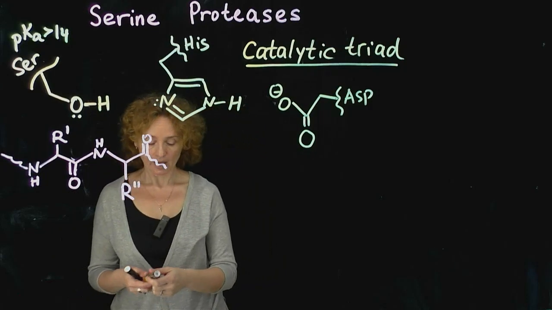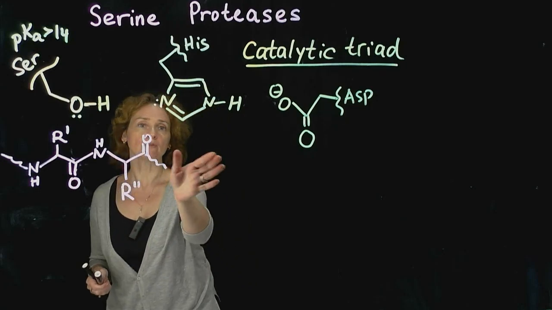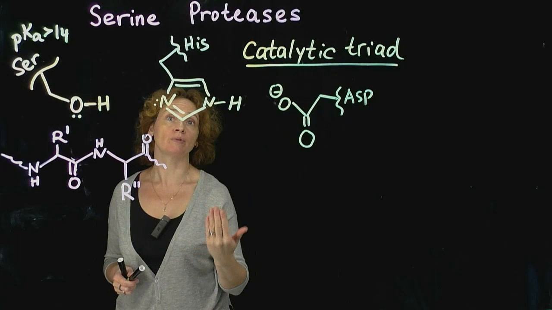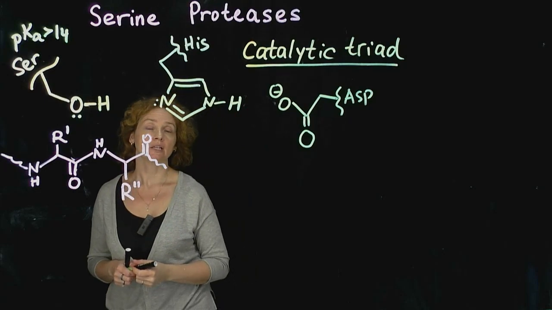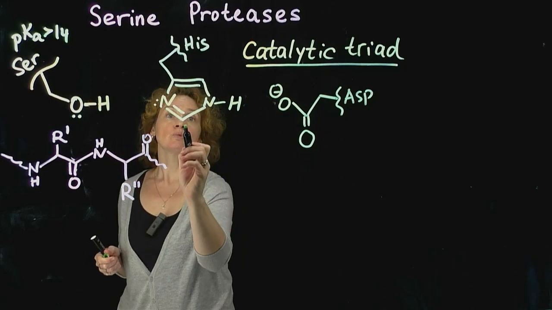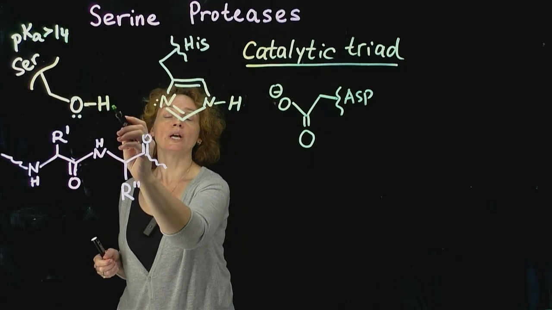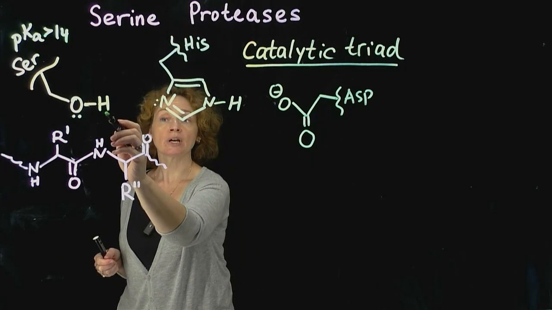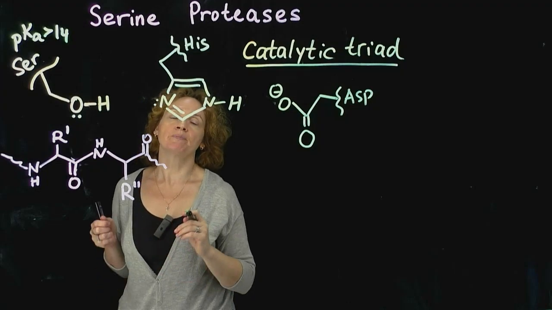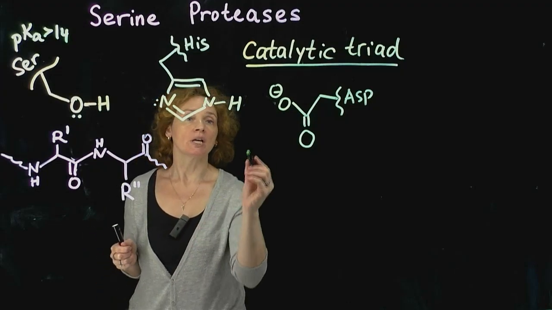But we have some help from other side chains of amino acids present in the active site. Histidine would serve as a base to abstract the proton of the side chain, but by itself it's not a strong enough base.